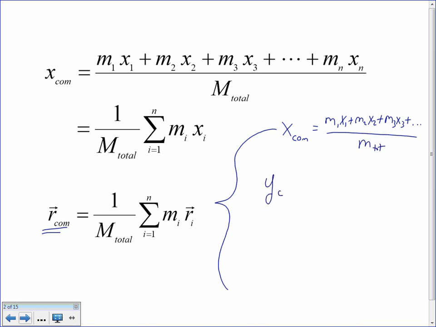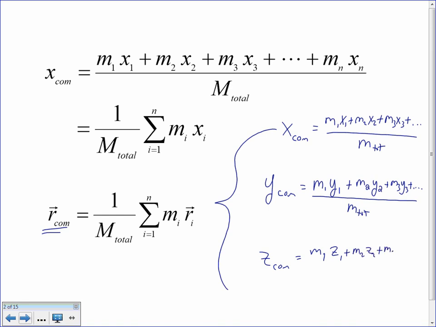For the y-coordinate of the center of mass, instead of looking at the x positions, you would do m1 times its y position plus m2 times its y position plus m3 times its y position, and you would divide by the total mass. The z-coordinate of the center of mass is exactly the same thing: m1z1 plus m2z2 plus m3z3 over the total mass.